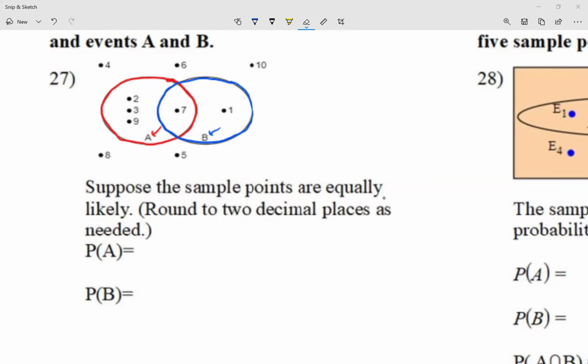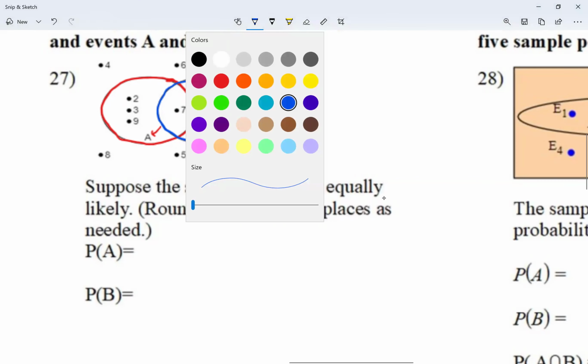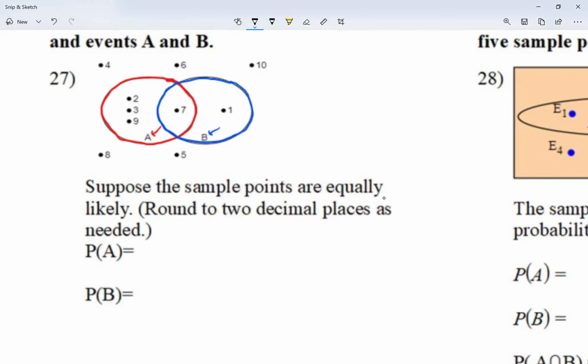And I count them. Let me see in black. There's 1, 2, 3, 4, 5, 6, 7, 8, 9, and 10. So I'm going to say each point has 0.1 chance of happening. Why 0.1? Because 0.1 times 10, because there are 10 of them, is equal to 1.